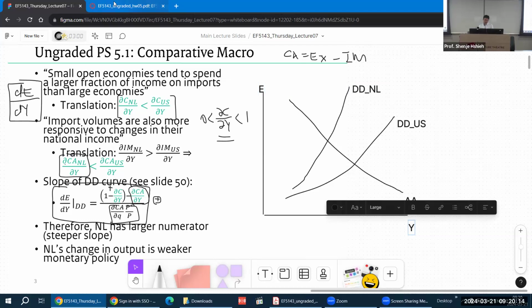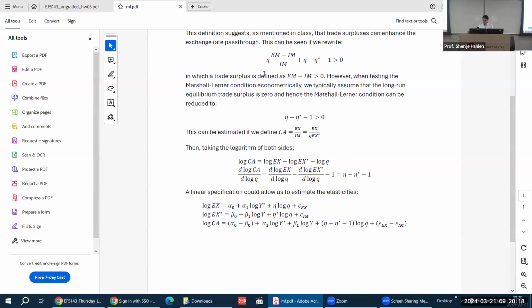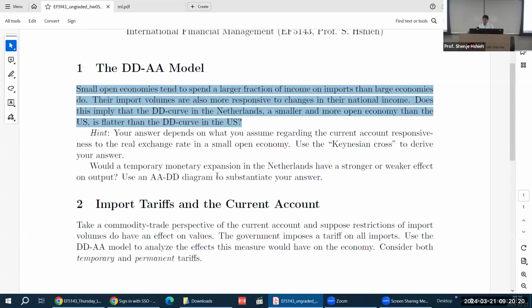So the next task at hand is to answer the following question. Would a temporary monetary expansion in the Netherlands have a stronger or weaker effect on output? So we're supposed to conduct a monetary expansion and compare the delta Y, the change in Y, for each of these countries.